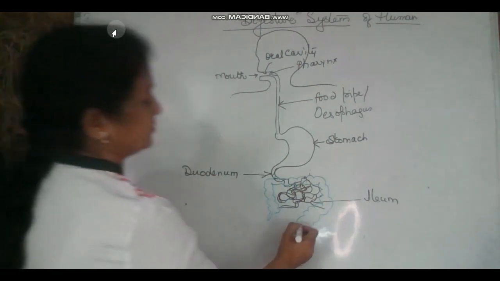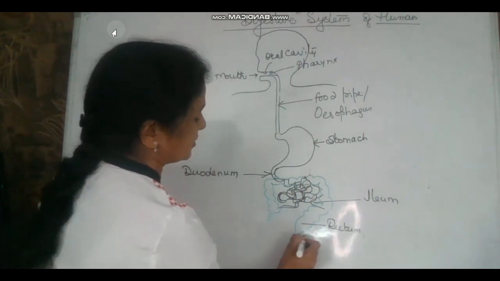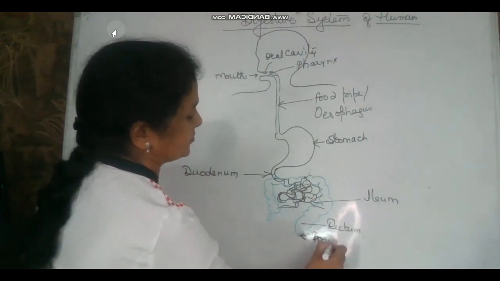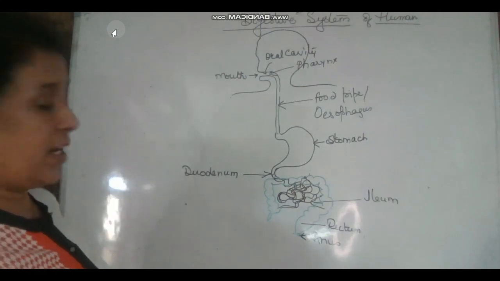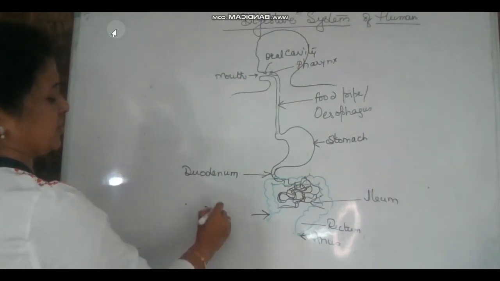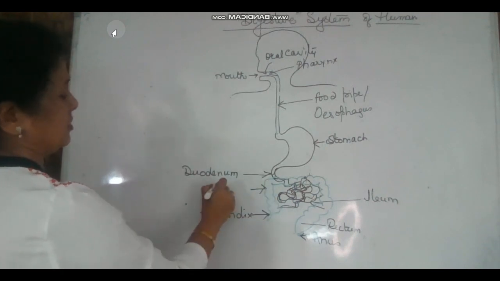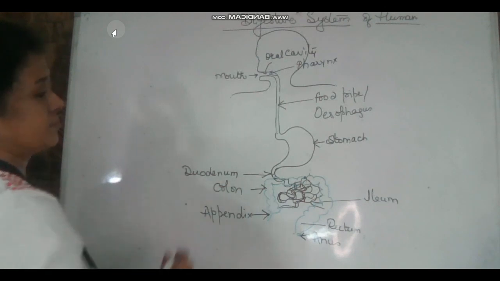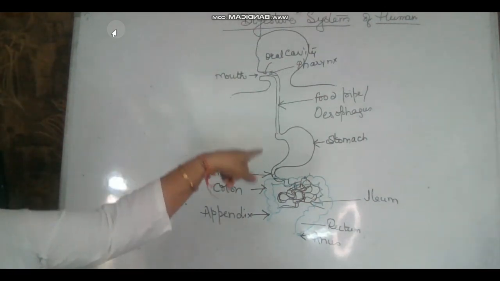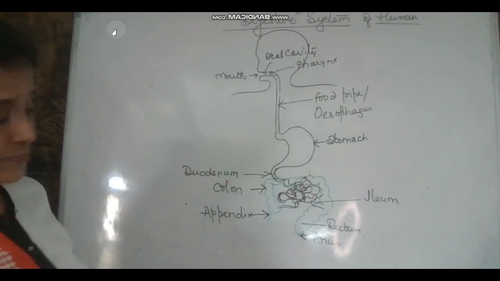There is rectum and this is anus. We have done that there is a finger-like structure here that is called appendix. It's a vestigial organ here, and this part is called the colon. This whole structure is representing the alimentary canal in human.